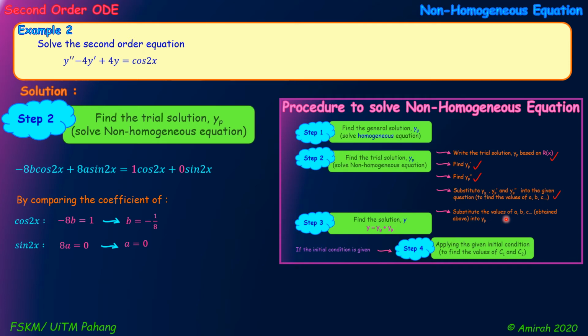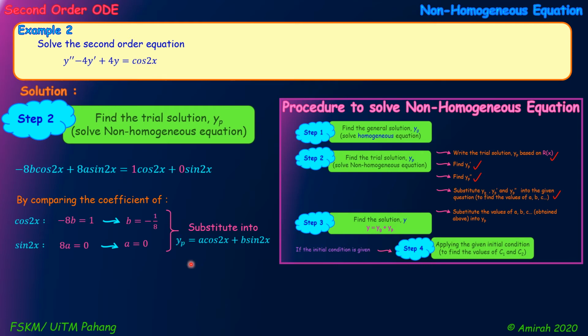Substitute the values of a and b into yp. Our yp from the previous slide equals a cos 2x plus b sin 2x, because our right-hand side is given in terms of cos 2x.